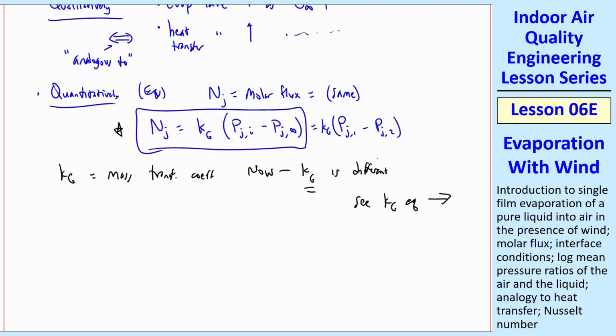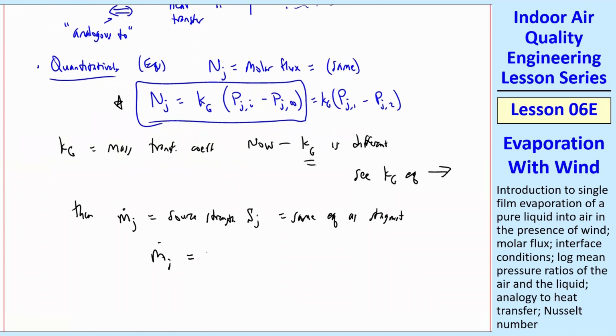Once you have that, then we calculate the mass flow rate or the source strength. M dot J is the same equation as stagnant. Namely, M dot J was NJ times capital MJ, molecular weight, times AJ, the area above this surface. Before, we had a container with liquid in it, and the A was the cross-sectional area above the liquid.